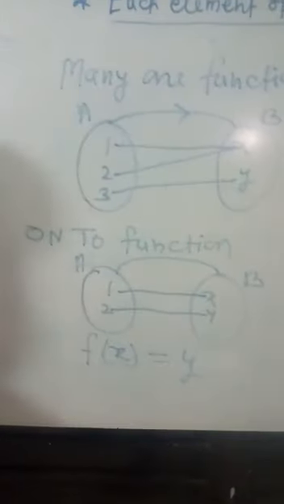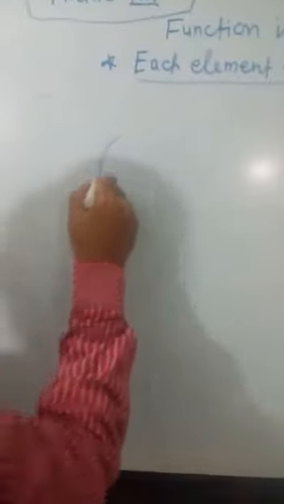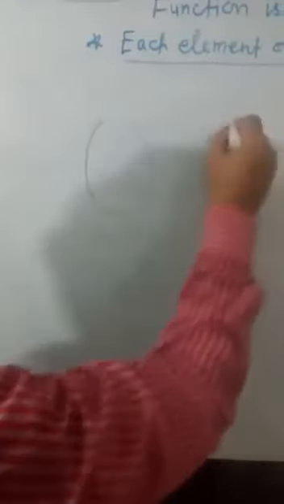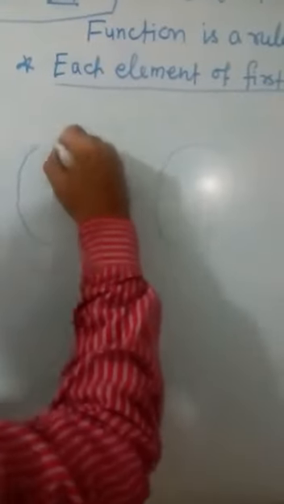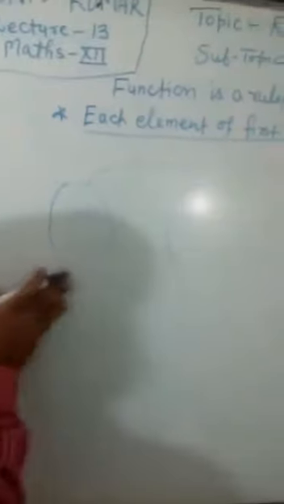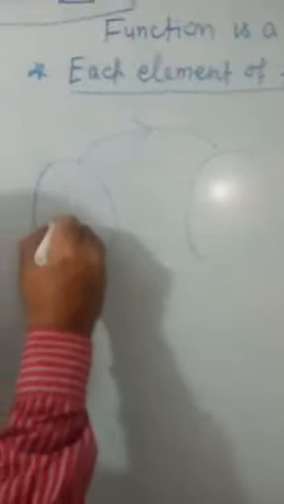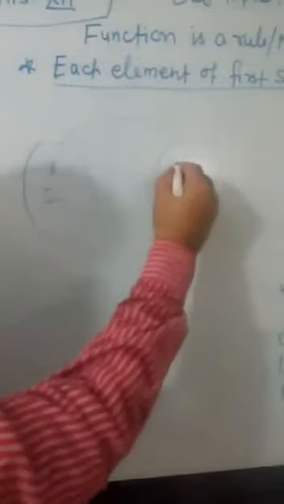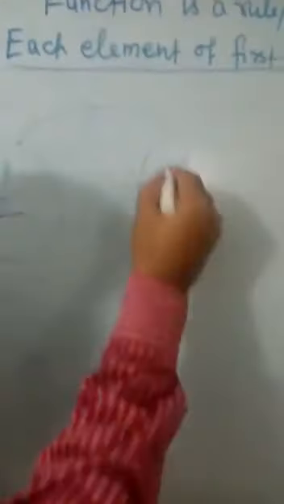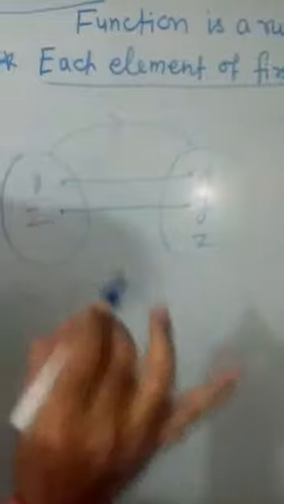Now last, into function. In an into function, at least one of the elements of set B has no preimage.